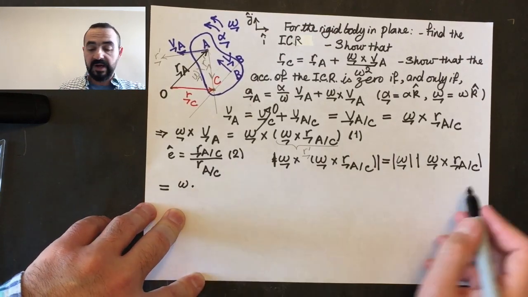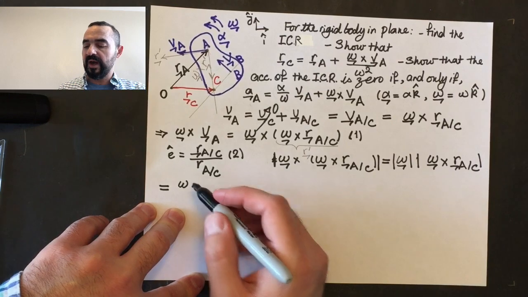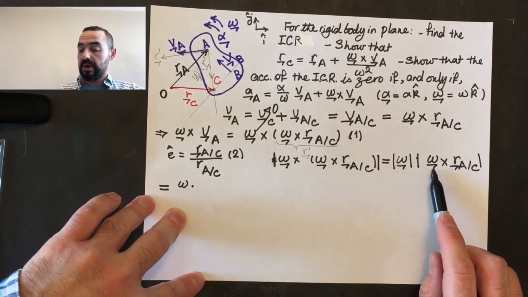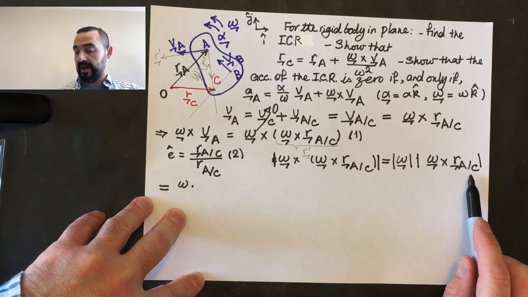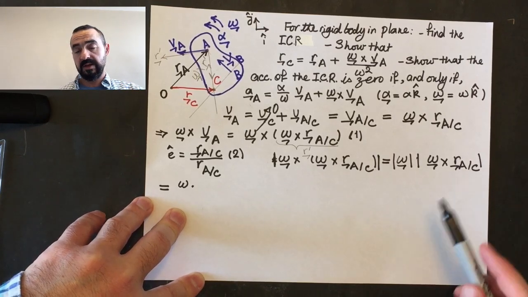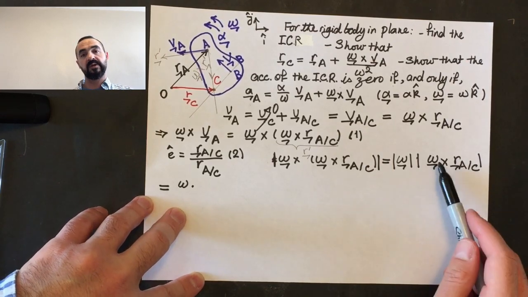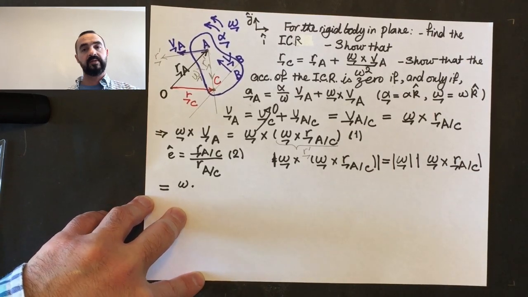So I have omega, and the magnitude of this term is exactly the same thing. We have the magnitude of omega, the magnitude of RA with respect to C, and the sine of the angle between the two. What is the sine of the angle between omega and RA with respect to C?